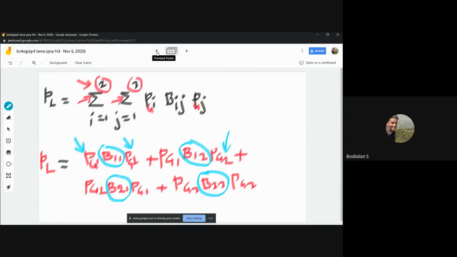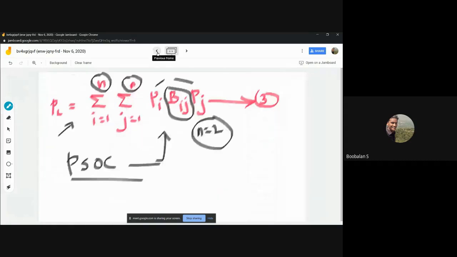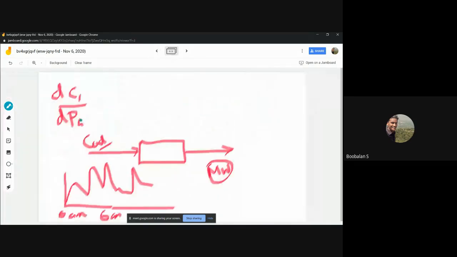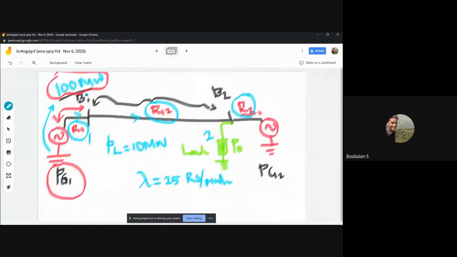In the same way, B11, that is bus 11, right? Over here, what are the constants? B22 and B12, B21, we need to find out.